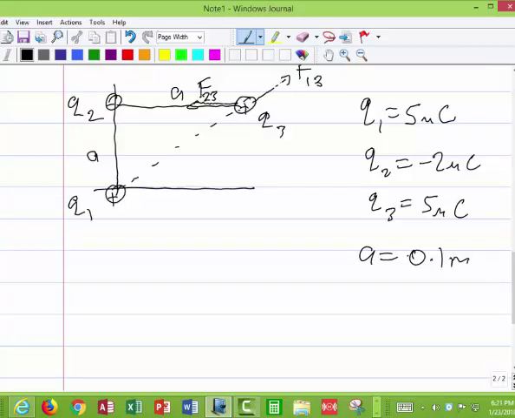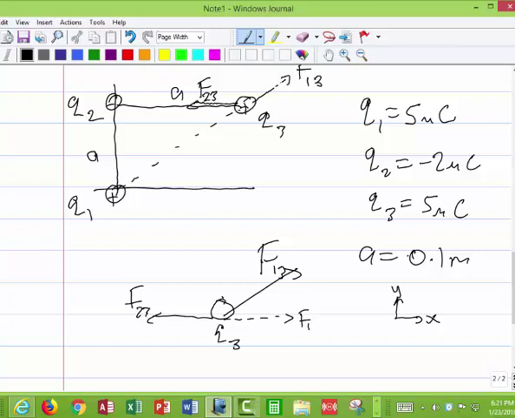Okay, let me give you an additional hint so that we can move it along. You can imagine that you have charge 3 here, Q3, and you have F13 and F23. If you think of this as the coordinate system, this is your x-axis and this is your y-axis, then you have a component F13x, and then you're going to have a component F13y.